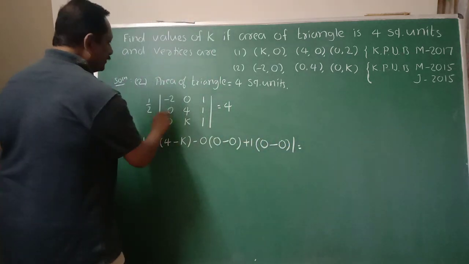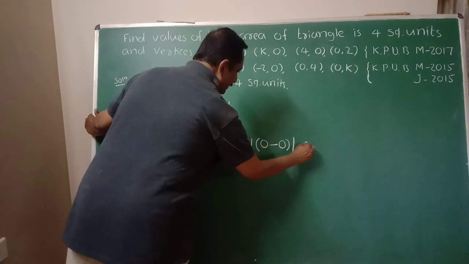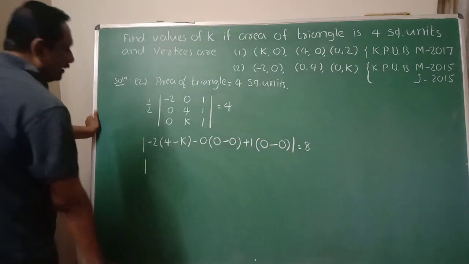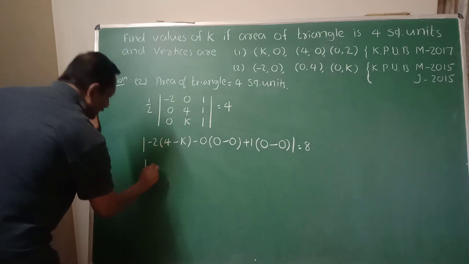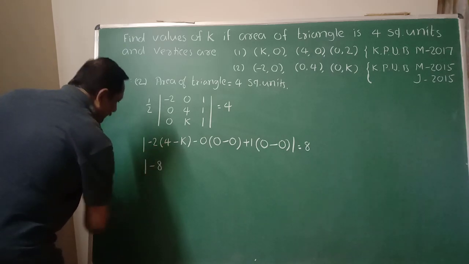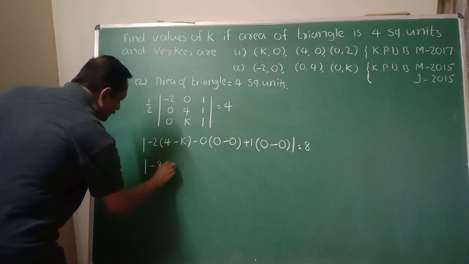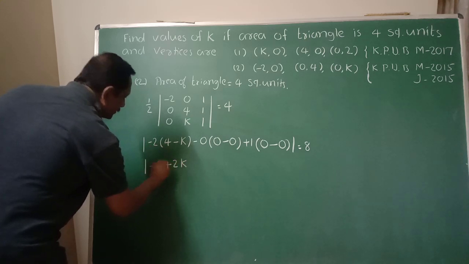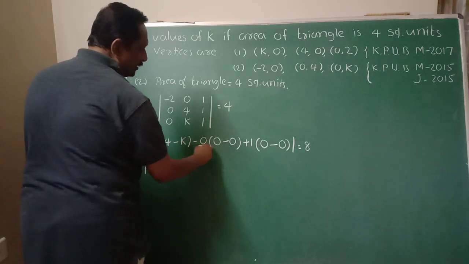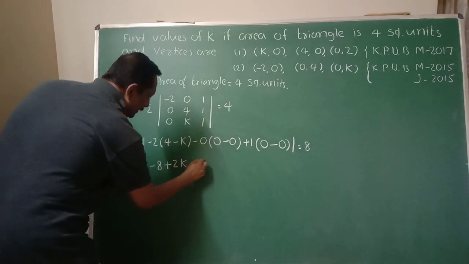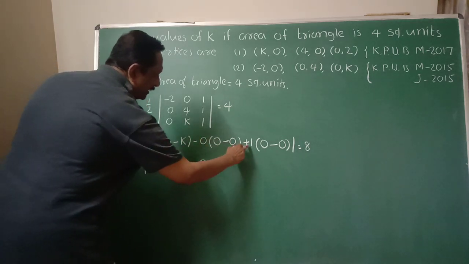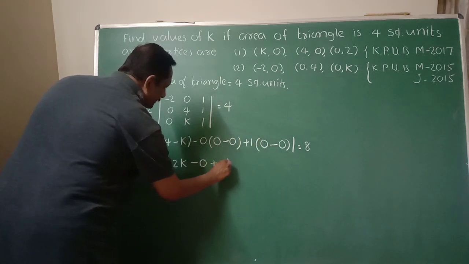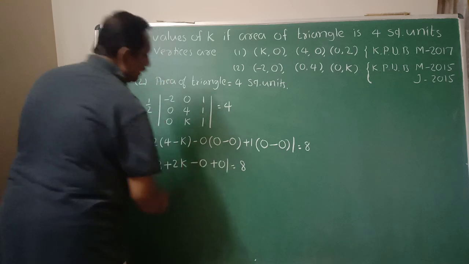That is equal to 2 4s are 8 here, so right here 8. So modulus of minus 2 into 4 minus 8 here, minus of 8, minus into minus plus 2 into k becomes a 2k here, plus 2k, and 0 into any term is a 0 here, so it is minus of 0, and here also this is 0 here, so plus 0 here is equal to 8 here.